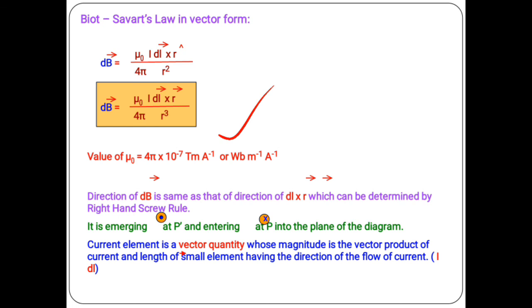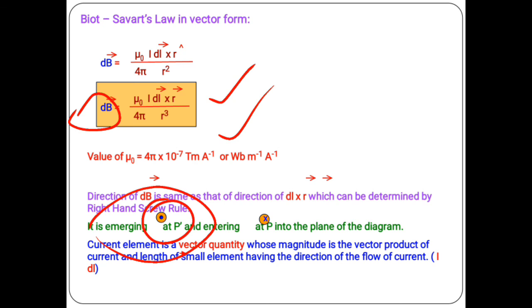Here the direction of the magnetic field dB is the same as the direction of dl vector cross r vector, which gives the vector product. So the direction of the magnetic field is given by the vector product of the current element, having the direction of the flow of current, and r. Here the point is given like that: it is emerging at P dash, given by a dot. Emerging means dot, the magnetic field coming outwards.